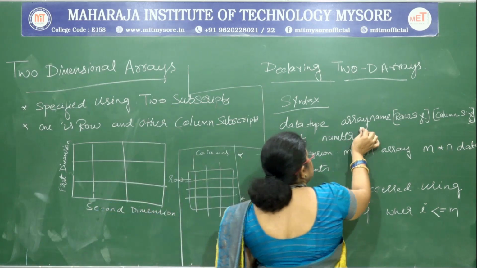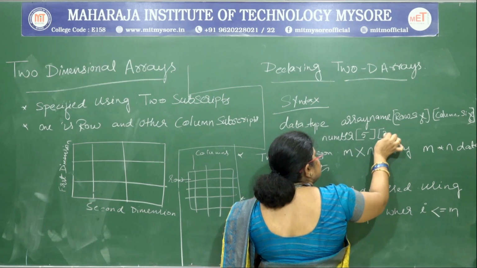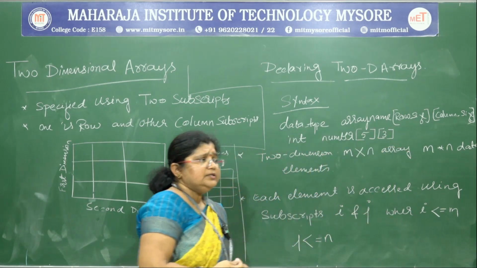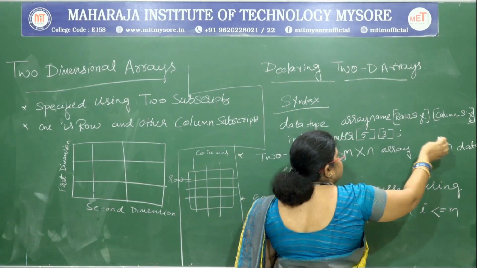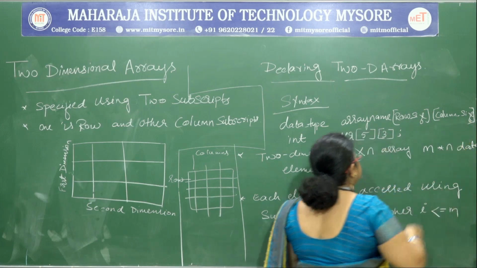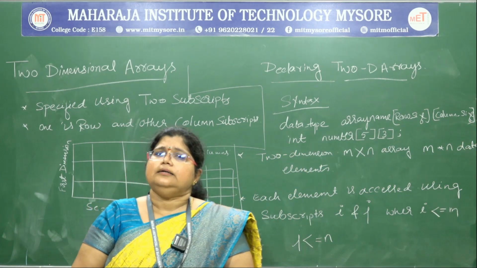Next comes the number of rows, 5, and the number of columns, 3. We obviously require the semicolon at the end of the statement. This is how we declare a two dimensional array.